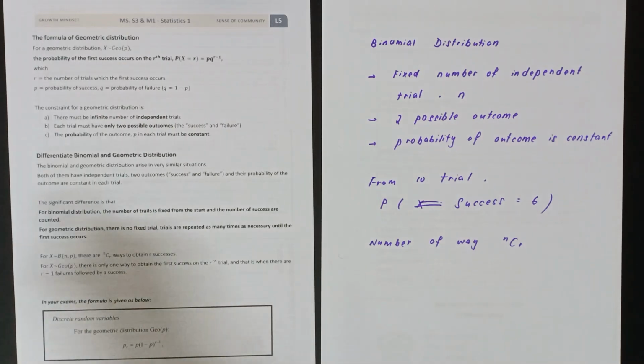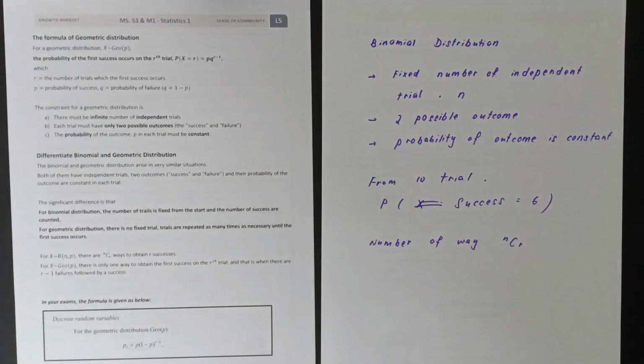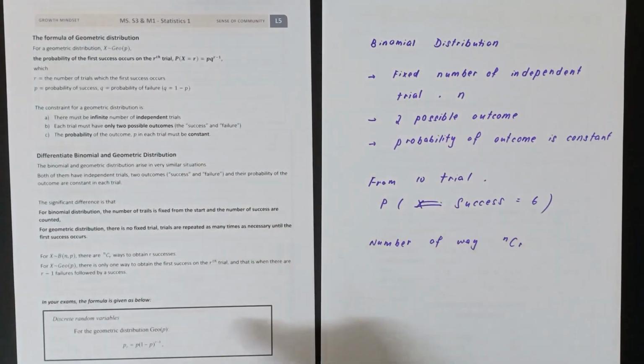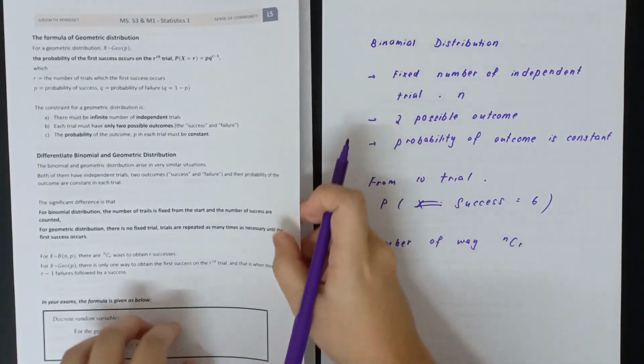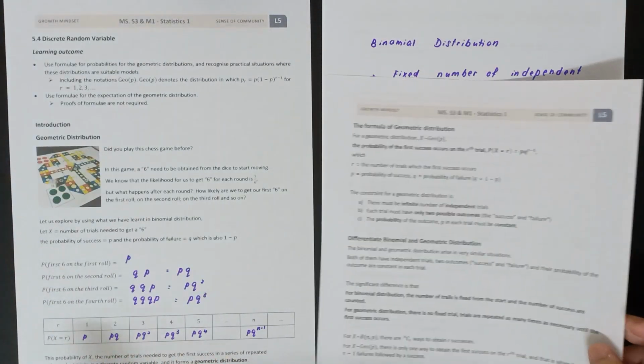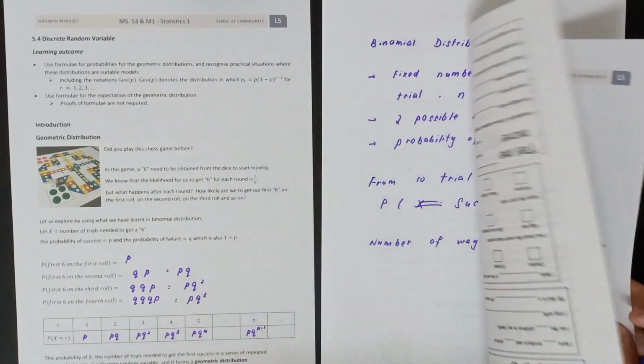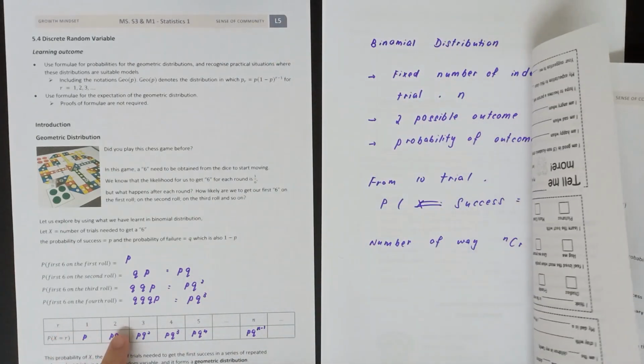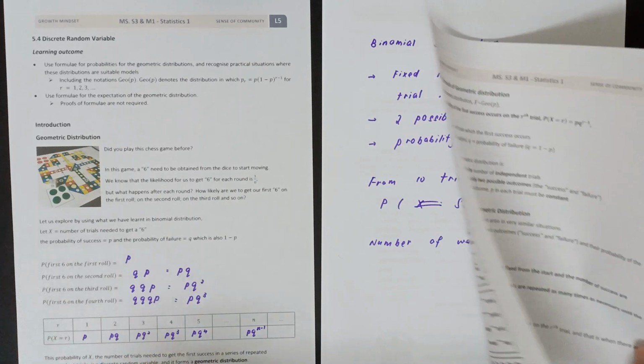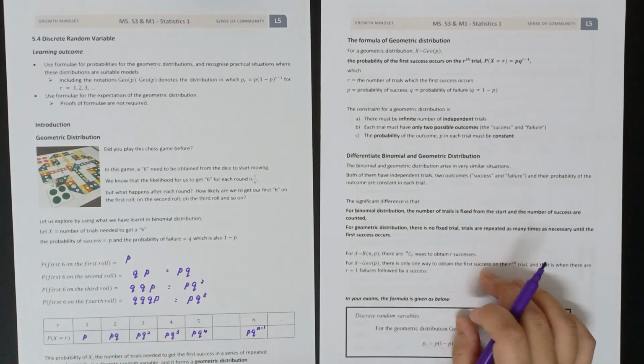But for geometric distribution, how many ways do you want? You actually have only one way. What does that mean? When we did the chess game just now, how many ways do you have? You actually only have one way. So let's say my r is equal to 2, meaning that I will have one failure beforehand and I get the success after that.